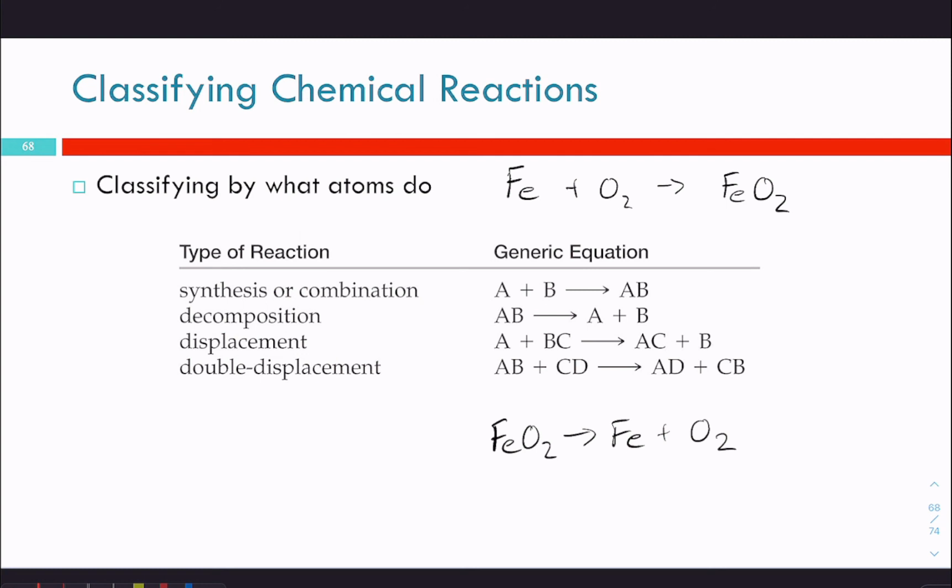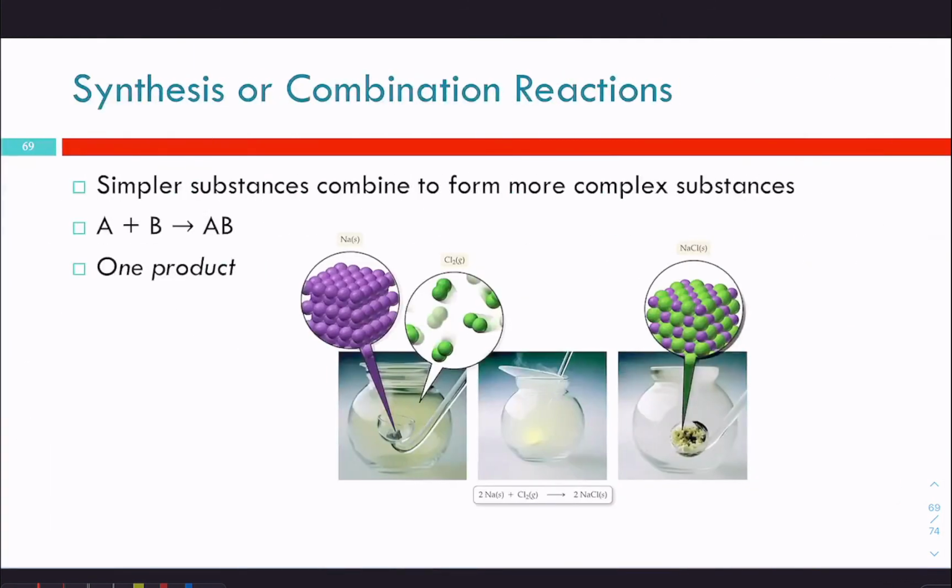Displacement reaction, you're going to have one thing displacing another to form a new compound. And the most common one for this class is the double displacement reaction. That's where we're taking our cations and we're swapping the anions. So we have AB and CD in our reactants, and we end up with AD and CB in the products. So taking simple substances, combining them to form a more complex substance.